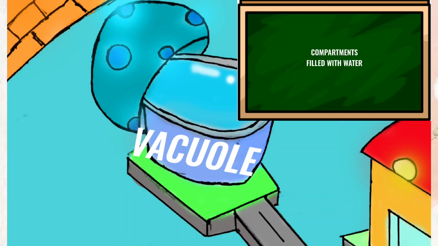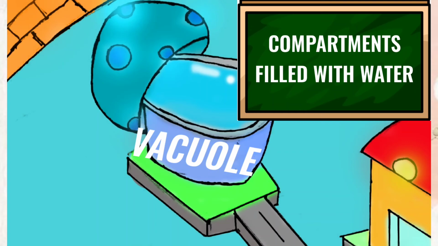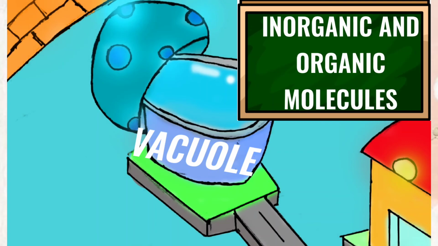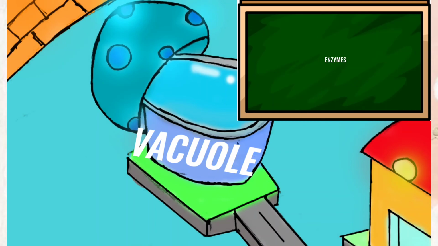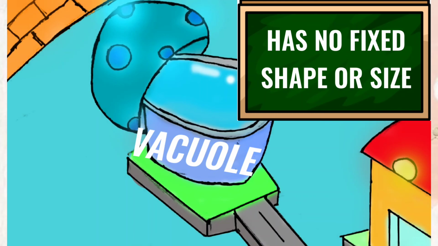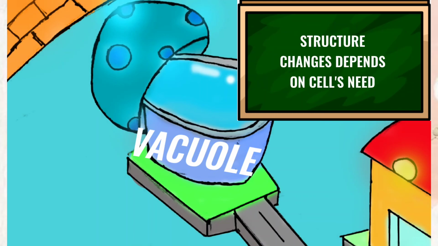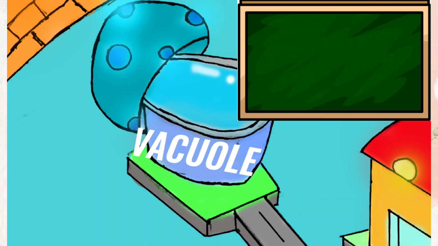Vacuoles are simply confined compartments filled with water containing inorganic and organic molecules in solution, including enzymes, though they may also include solids that have been submerged in some situations. Vacuoles are simply larger versions of membrane vesicles generated by the fusion of several membrane vesicles. The organelle has no fixed shape or size. Its structure changes depending on the cell's needs.